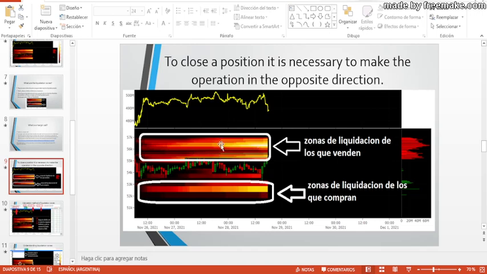The liquidation zones of the people that sell are above the price, and the liquidation prices of the people that buy are below the price.